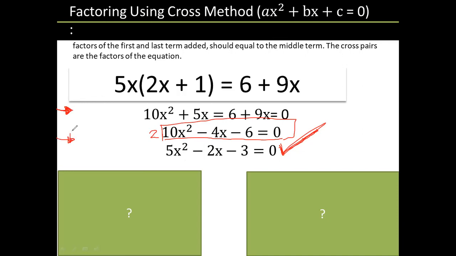Do you have now the answer? Grace? Not yet. Okay, so what are the factors? Okay, what about Haruka and Poon? Do you have now the answer? Yes, Haruka, do you have now the answer? What are the factors of 5x squared minus 2x minus 3?